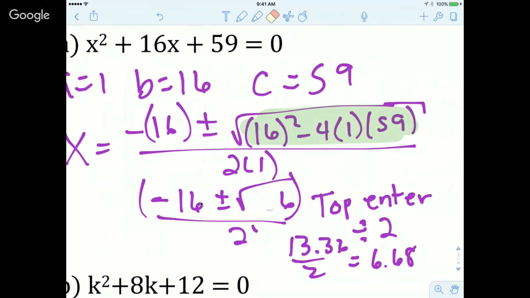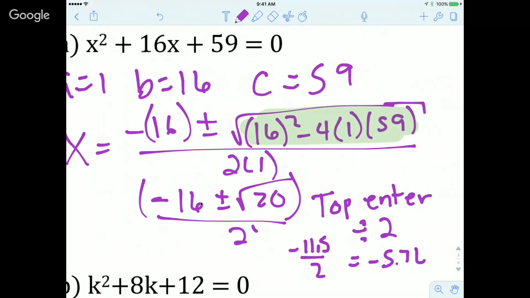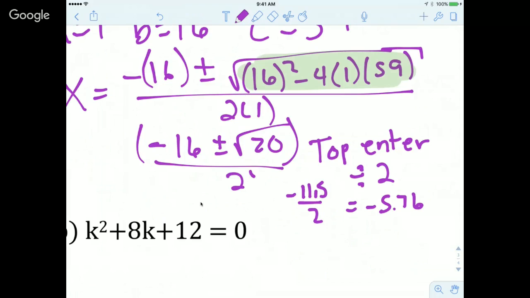Whoops, I calculated that wrong. 20, so negative 16 plus the square root of 20 is 11.5 divided by 2 is negative 5.76. So after you do the 16 plus or minus the square root of whatever, then you divide? Yes. I messed that up.